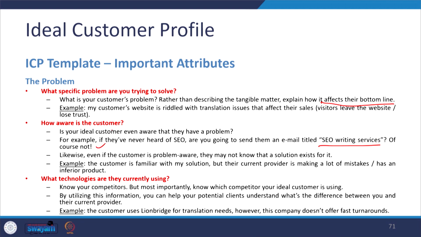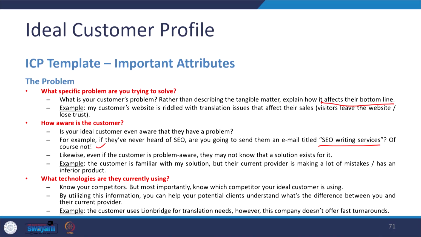Of course not, right? Because they don't realize the connection between what is happening on their website and the particular cause of that problem. So make them familiar with your solution and make them realize how SEO will help them avoid those issues about losing traffic on their website.